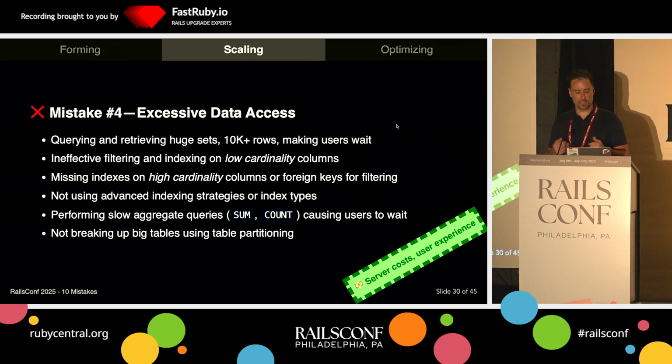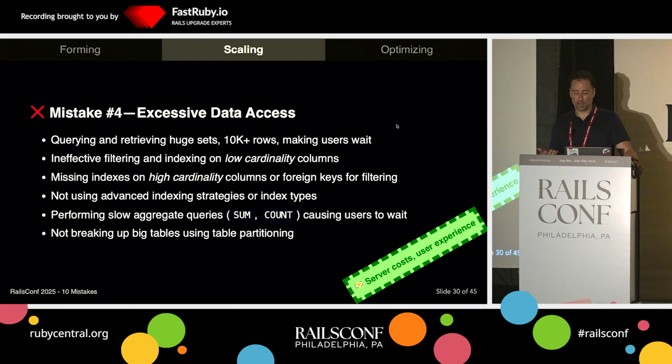So a mistake here could be querying and retrieving huge sets of data, 10,000 plus rows, and doing that while the user is waiting. And this is usually a symptom of something that initially was fine, but now the application's 4 or 5 years old and it's no longer an acceptable amount of time. So it's taking multiple seconds to load data. There could be ineffective filtering and indexing on low cardinality columns, or columns with a small amount of unique values.